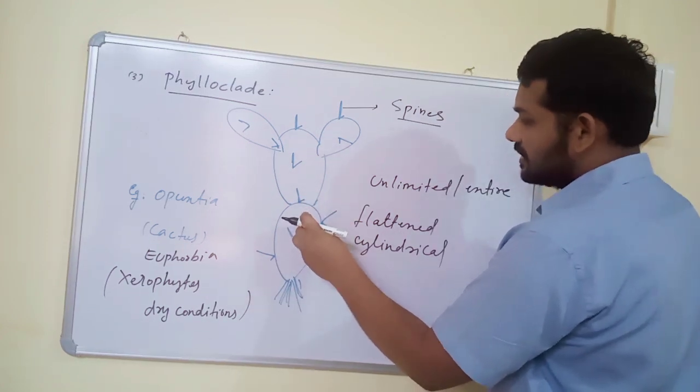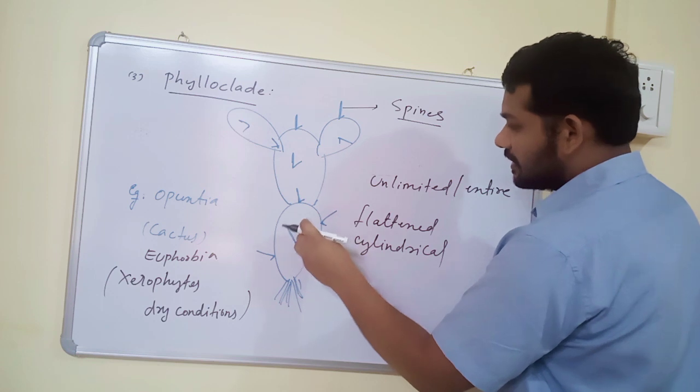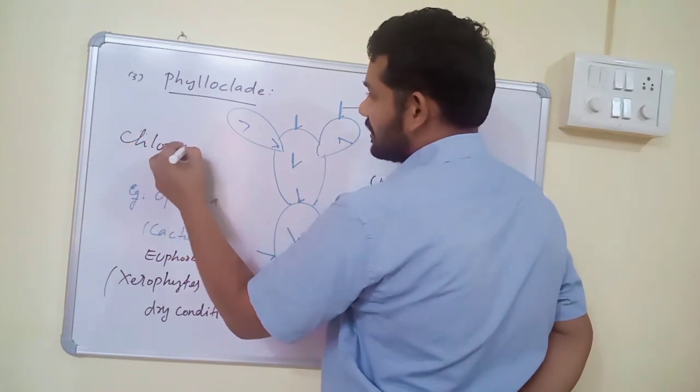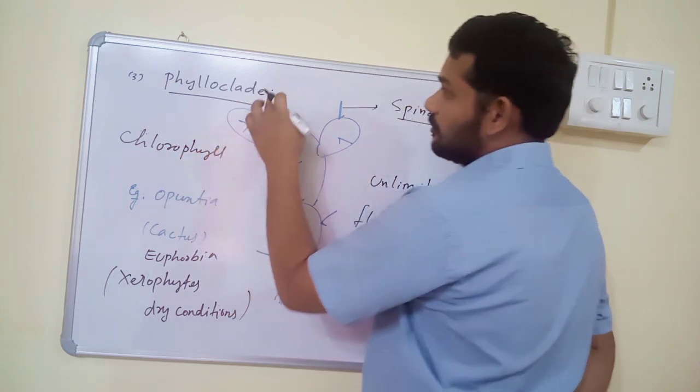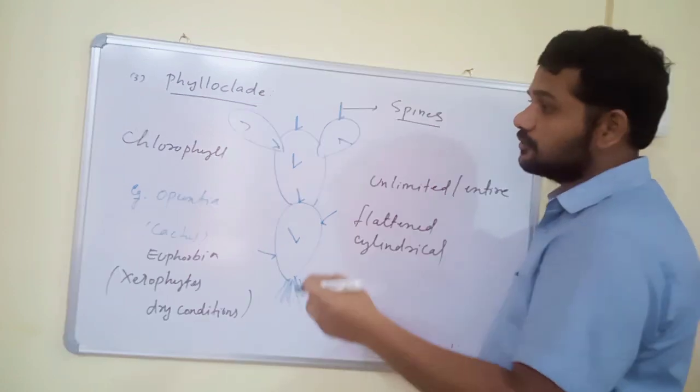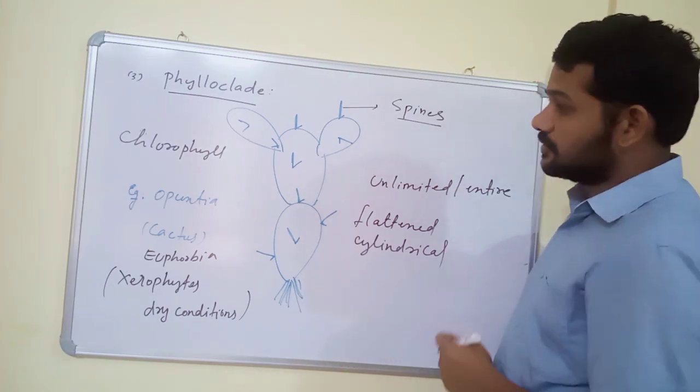This green, cylindrical or flattened structure also develops chlorophyll and takes part in photosynthesis. And what is the main function of phylloclade? To perform photosynthesis. They make the food material through the process of photosynthesis.